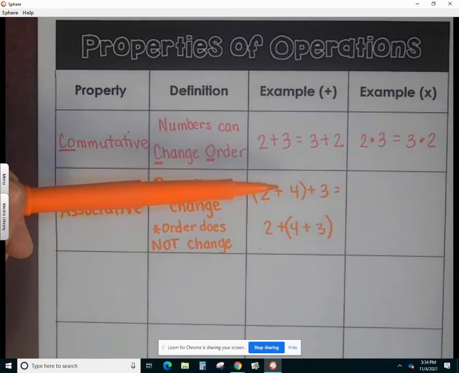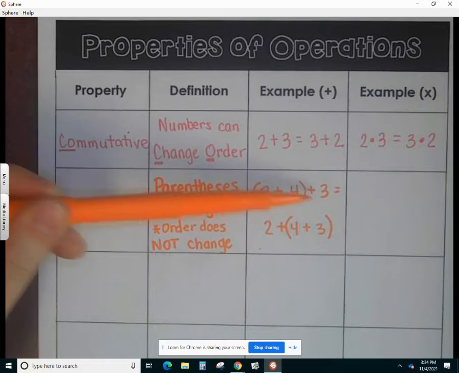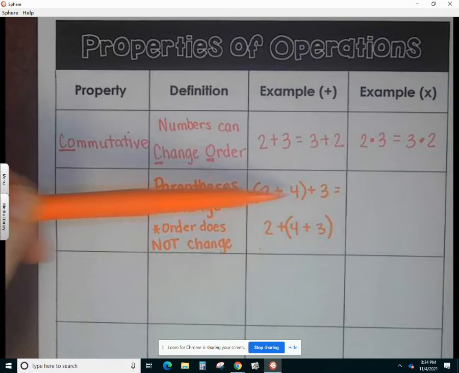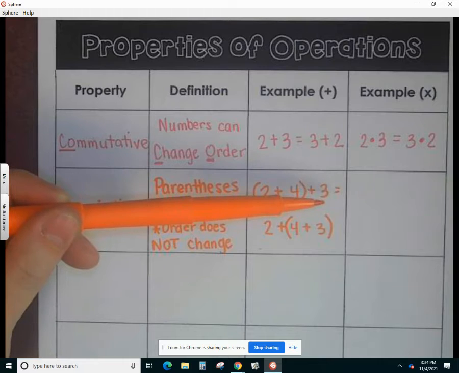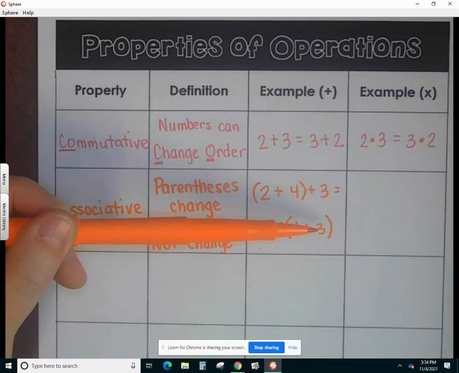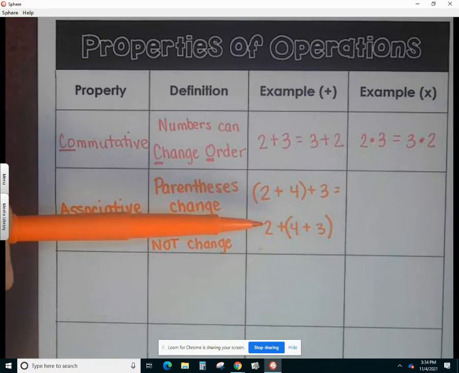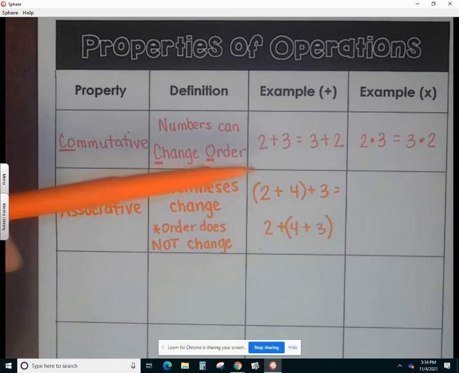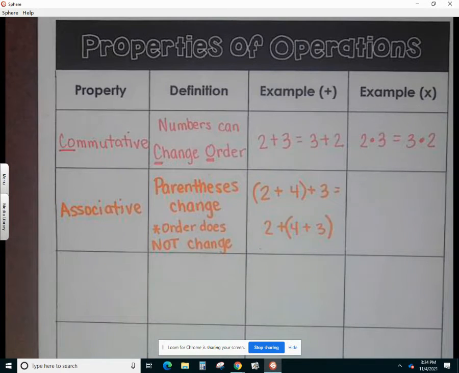We know from GEMDAS that we have to do what's in the grouping symbols first. So in this first one, I'd have to do 2 plus 4, that's going to give me 6, and then 6 plus 3 gives me 9. When I move the parentheses over here, now I have to do 4 plus 3 first. 4 plus 3 gives me 7, and 2 plus 7 also gives me 9. So this property just shows that if you move those parentheses, it does not change your answer.